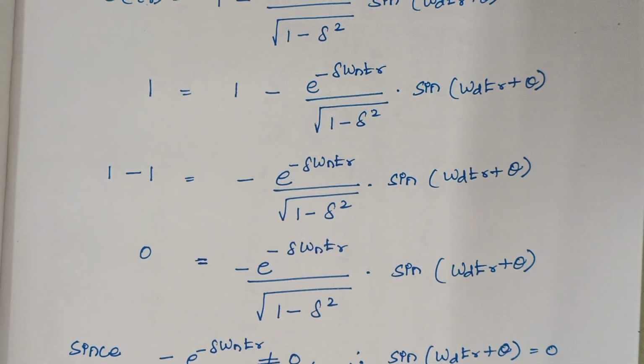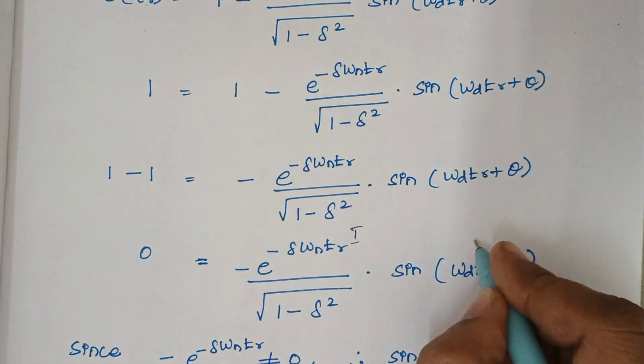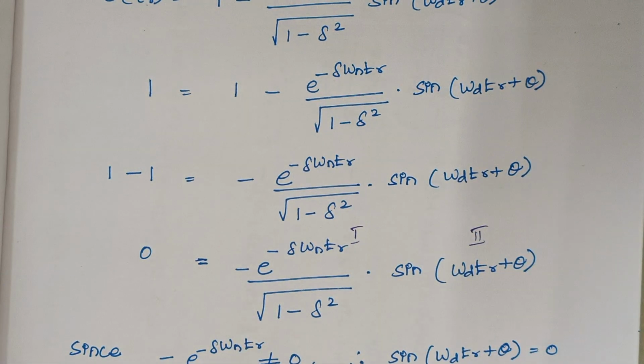Now observe carefully, we have two terms, right? This is your first term and this is your second term. These two terms are in multiplication, right? So the final value, that is the answer, is 0.